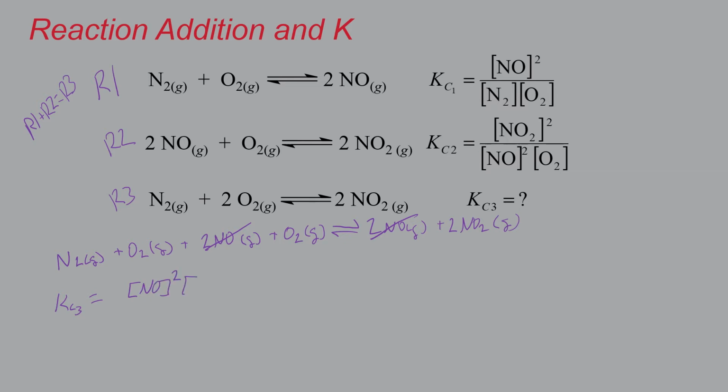So we've got NO squared and then NO2 squared. And we will be dividing by N2 to the first power, O2 to the first power, and finally NO to the first power as well. I'm sorry, to the second power.